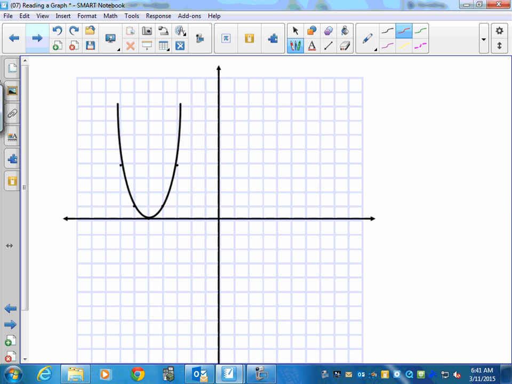Okay, the next graph that we have, once again, wanting to identify the parent function of that graph. Okay, our parent function is y equals x squared. Okay, thinking about the original position of the graph.